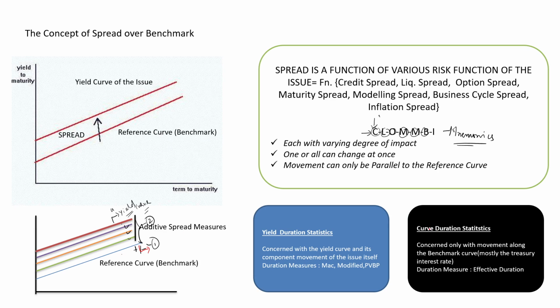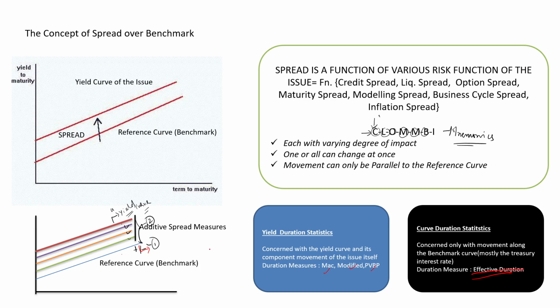The measurements pertaining to those changes that occur at the reference benchmark level are called the curve duration statistics, and the duration measure mostly associated with curve duration is the effective duration. And the other part, the spread measures that contribute to the final yield, are measured through various other duration measures in the form of the Macaulay duration, modified duration, and the PVBP.